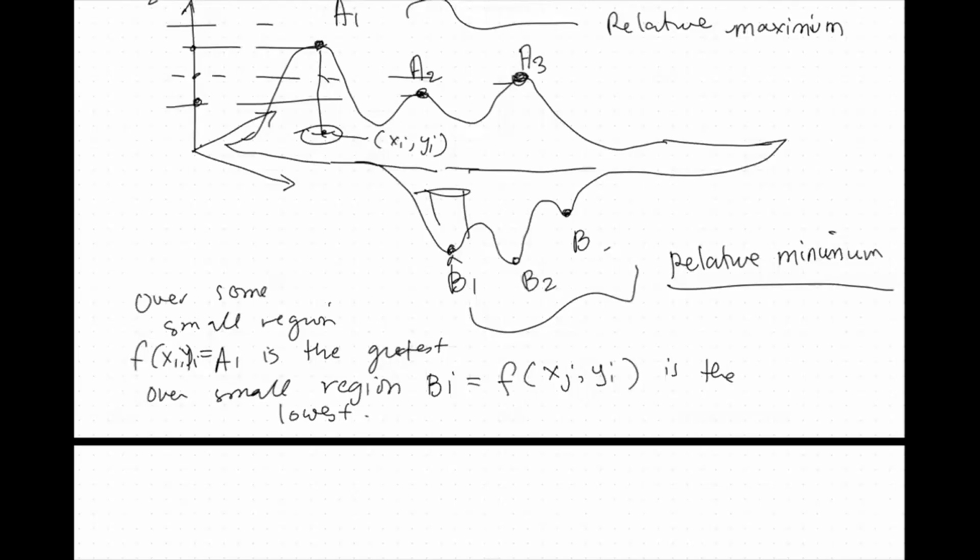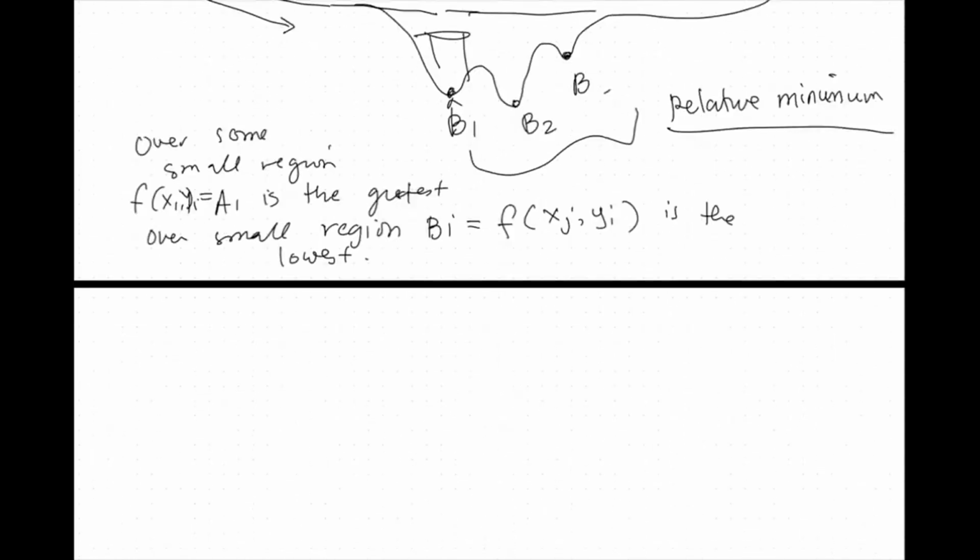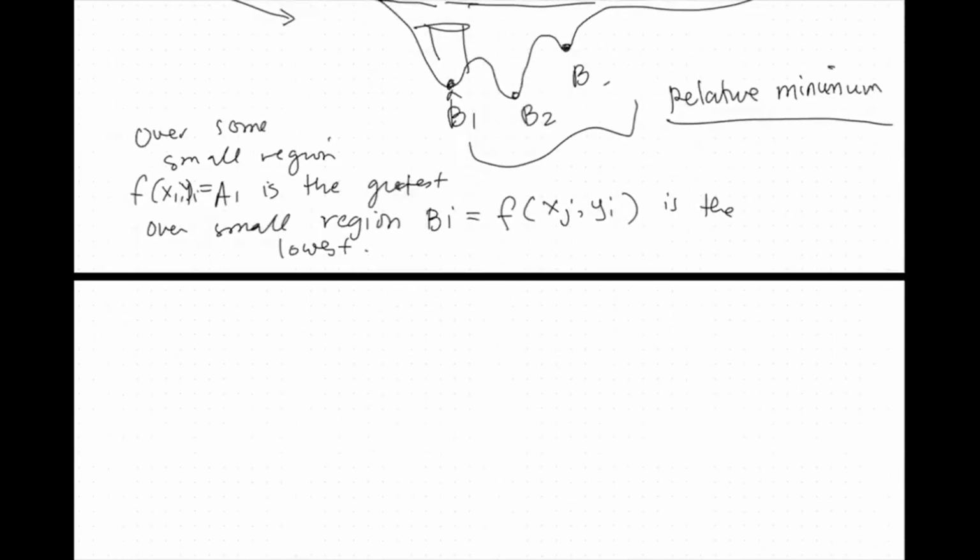Suppose this is the small region. So that's how we view relative maxima and relative minima. You can actually look at the drawing in our module.